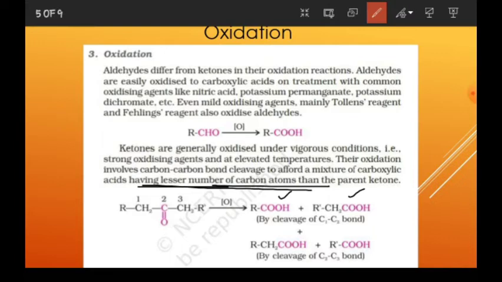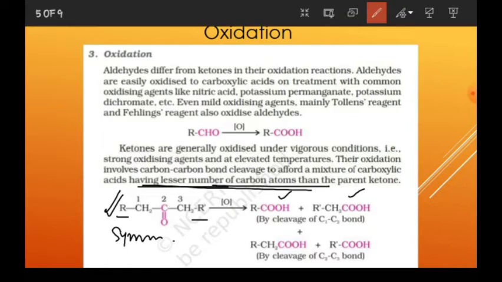Now see children, one more thing you should remember in ketones is that suppose I take this ketone and this R is the same on both sides, so it is a symmetrical ketone.